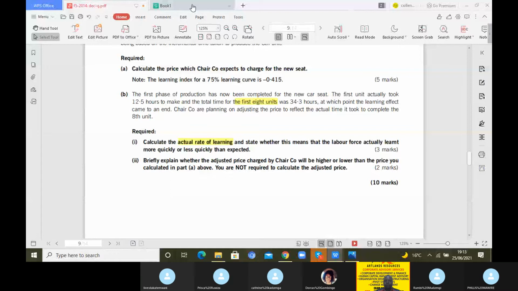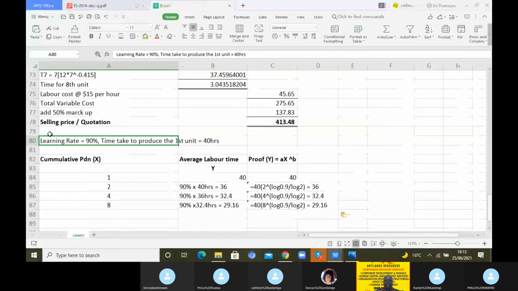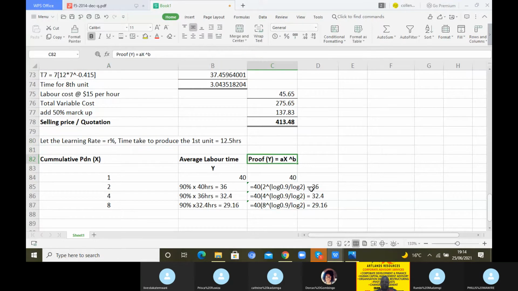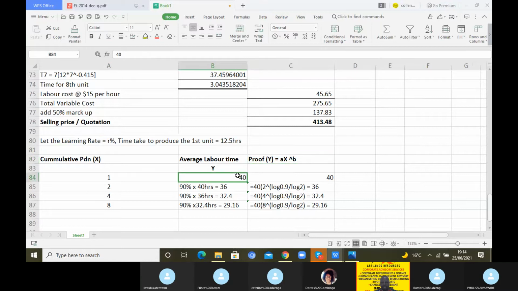So what do we do? We say let the learning rate be R%, and the time taken to produce the first unit is now 12.5 hours. So if I come to this question here, please pay attention. First unit took 12.5 hours.